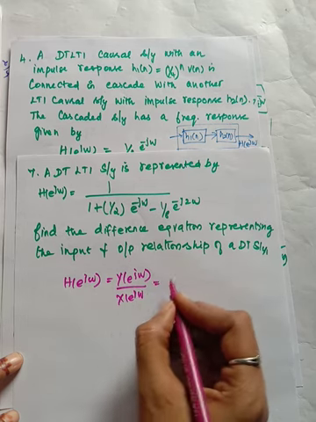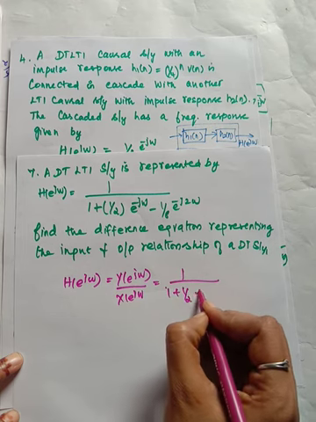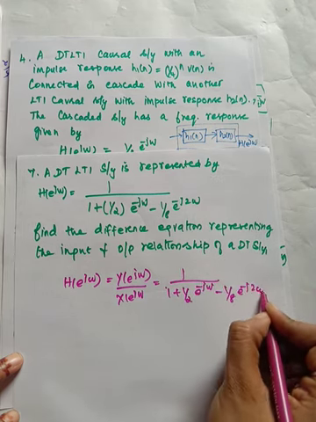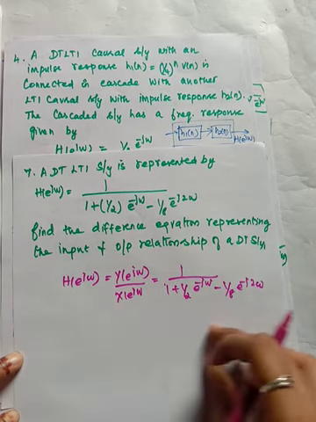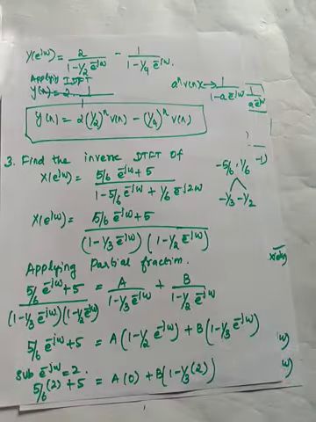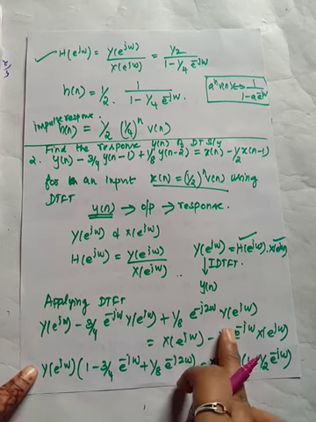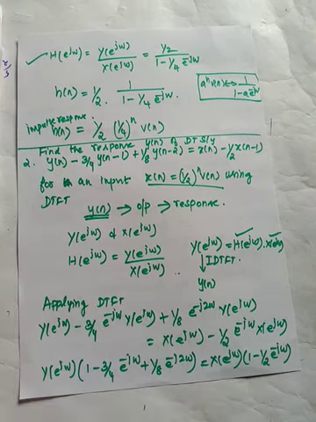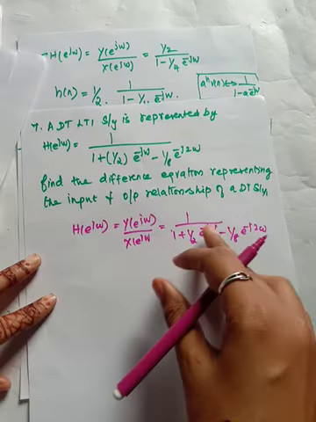Then you take this answer, that is 1/2 e^(-jω) minus 1/8 e^(-j2ω), and cross multiply it, so you will get an equation in this form. Then you apply the inverse DTFT and you get it in this form. Okay, so this is the procedure for solving this one.